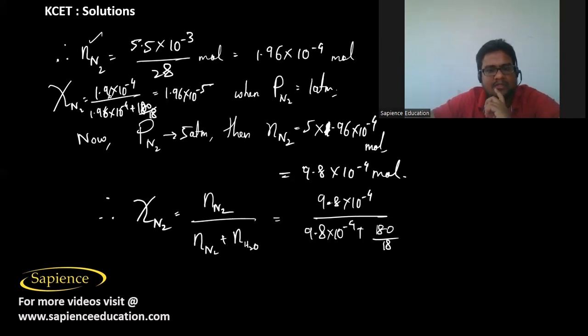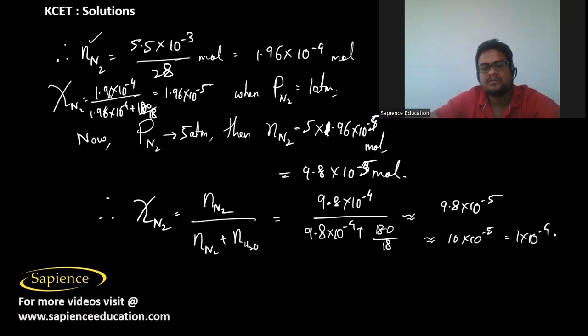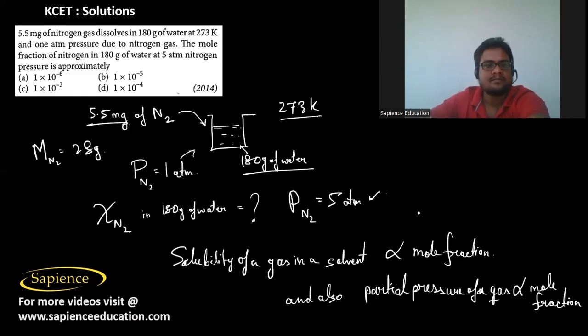So the new mole fraction will be 5 into that, 5 into 9.8, which is also approximately same only, 9.8 into 10 power minus 5. 9.8 I can tell approximately 10. So 10 into 10 power minus 5. So it is 1 into 10 power minus 4. So option D is the correct answer.